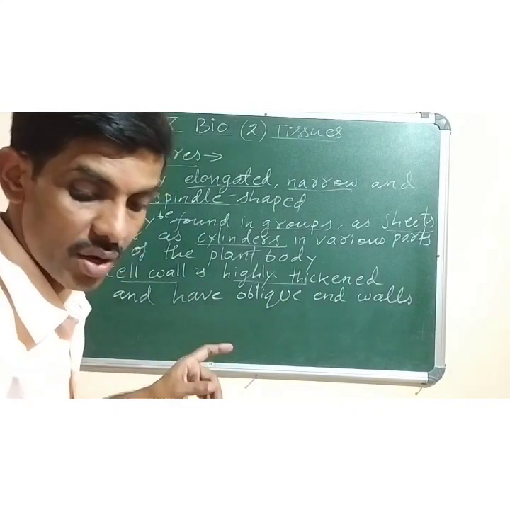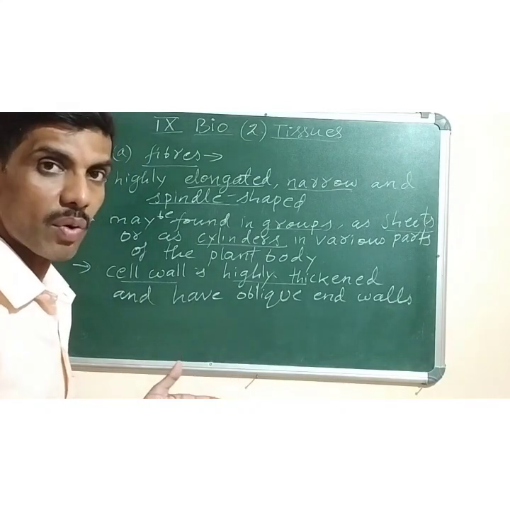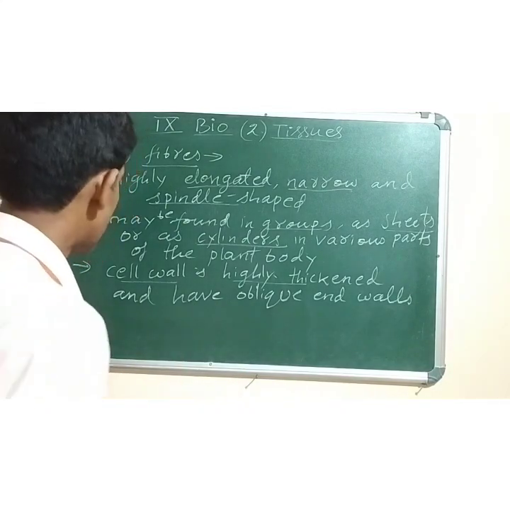Oblique end walls means the ending wall may be either pointed or oblique in shape.